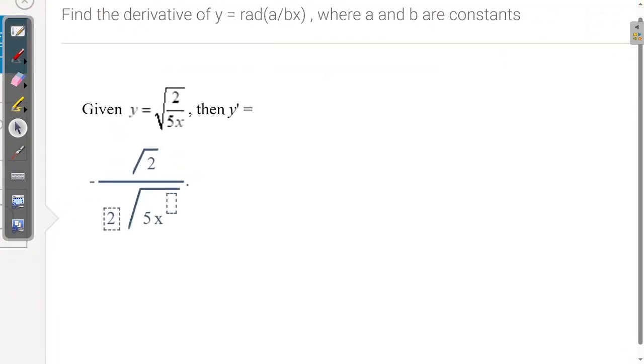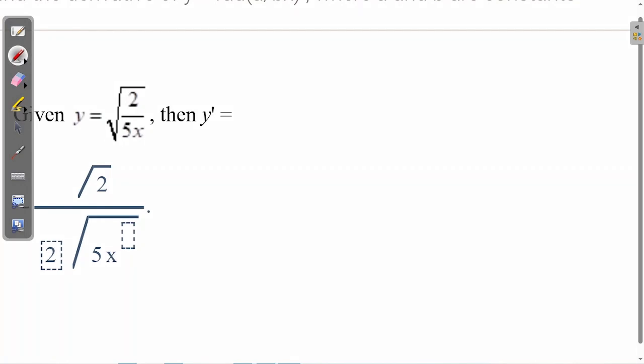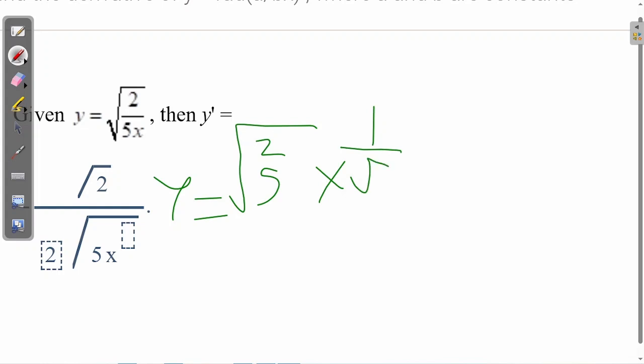Y equals radical 2 over 5 x. So for this one, you keep the radical 2 over 5 aside so you can calculate easier. So you get radical 2 over 5, keep them aside, times 1 over radical x, or 1 over x to the power of 1 over 2, which is going to be x to the power of negative half, right?